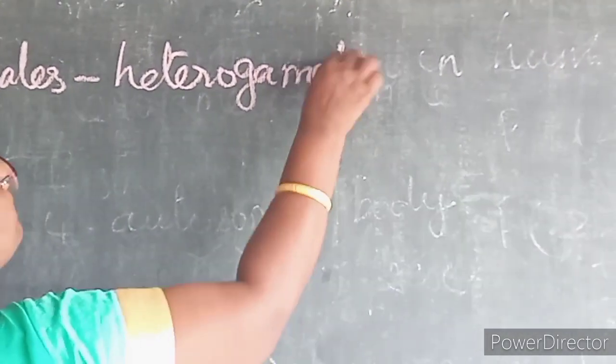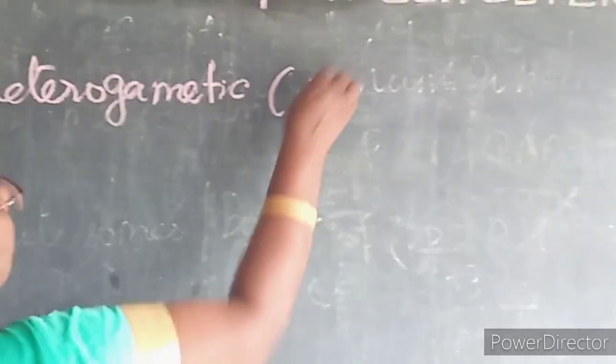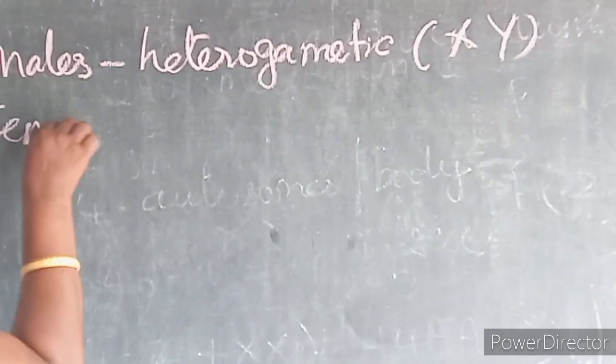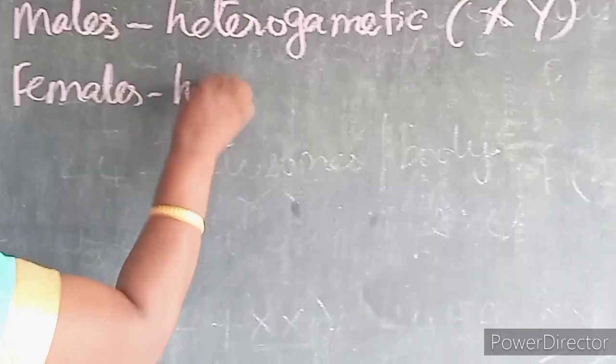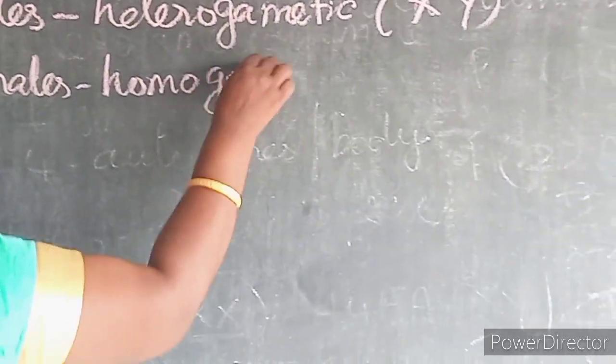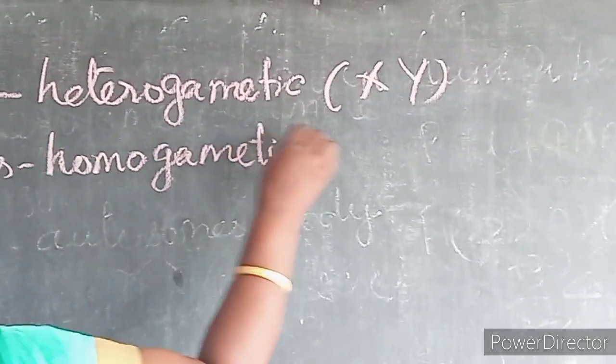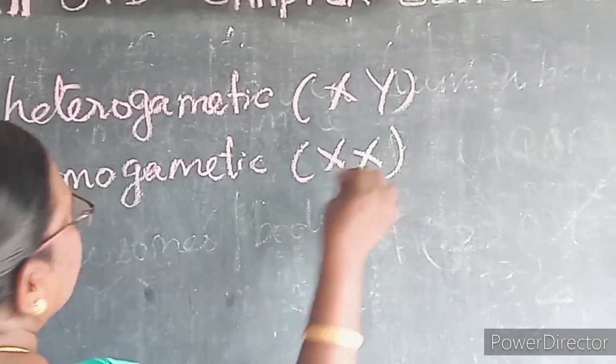Hetero means what? Producing two dissimilar gametes, that is X and Y. And the females are homogametic.